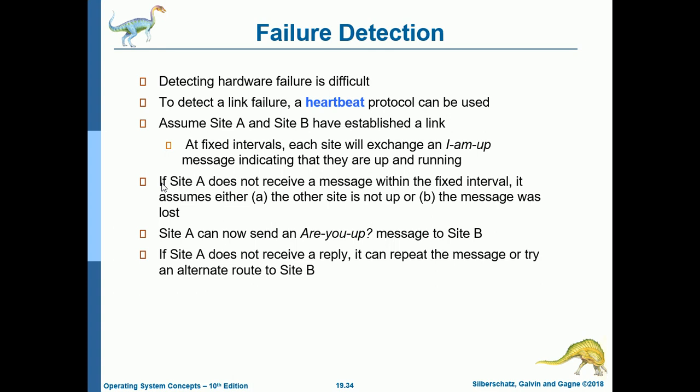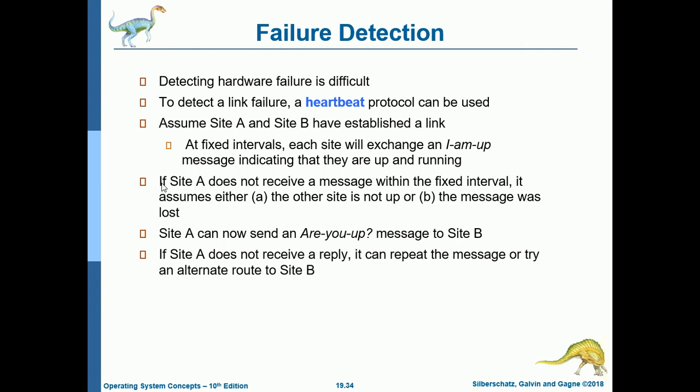Since site A did not receive any message from site B, site A can now send an Are-You-Up message to site B. If site A does not receive a reply, it can repeat the message again or try an alternate route to site B if it is available.